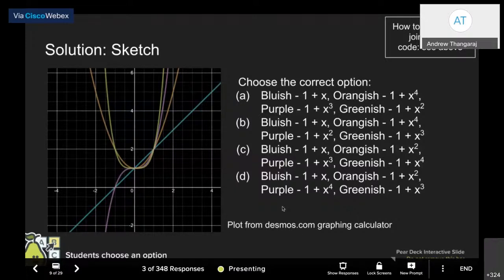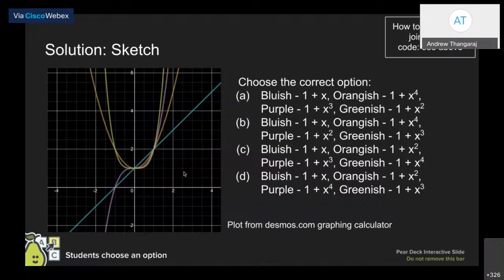Those of you who have never seen desmos.com, this is an advertisement for it. It's a pretty useful device, a very good app that you can quickly put in a function and get it to plot for you. In fact, I've used the Desmos app to plot all these functions out. Of course, in an exam you can't do it, so you should know how to plot this on your own. But the sketch tells the whole story very nicely.